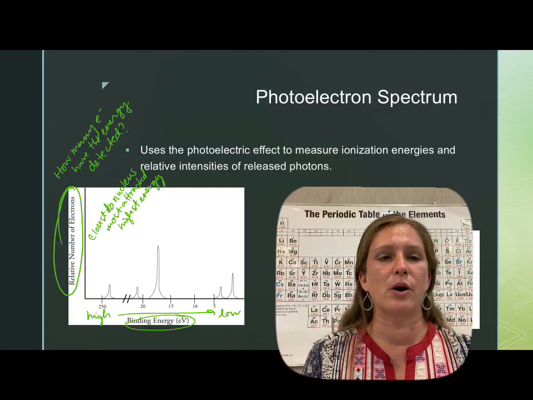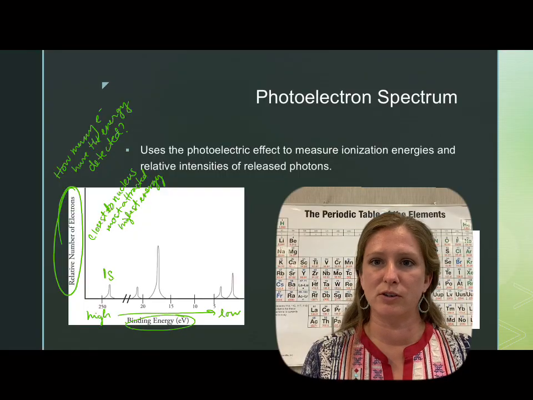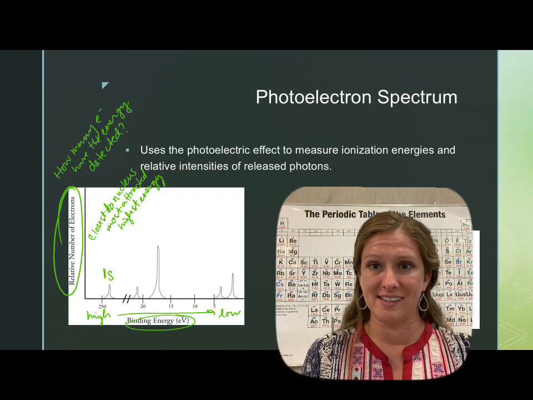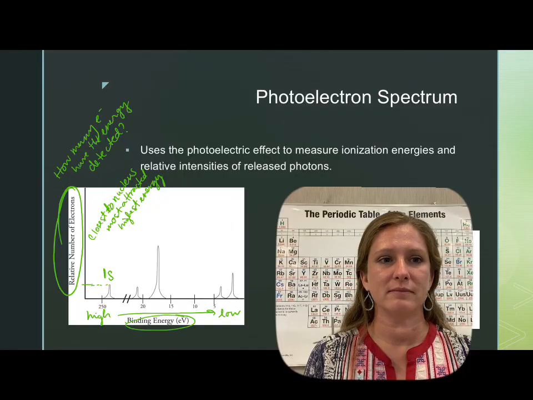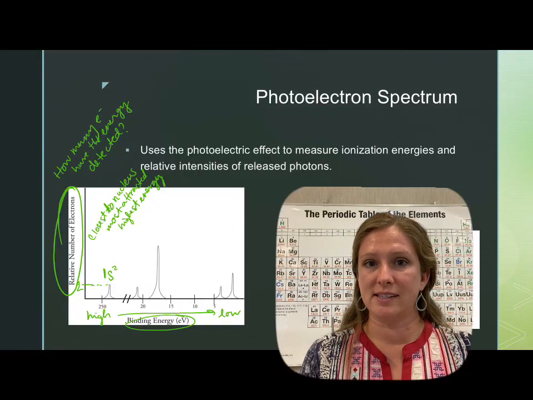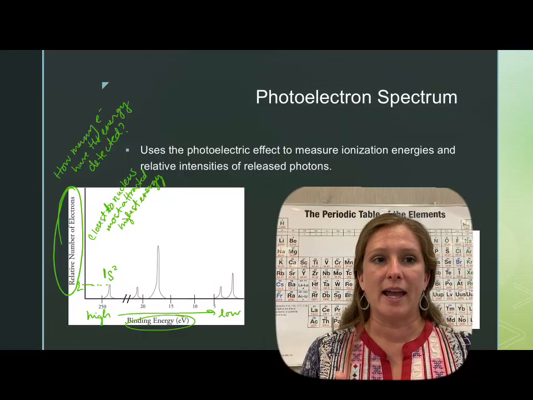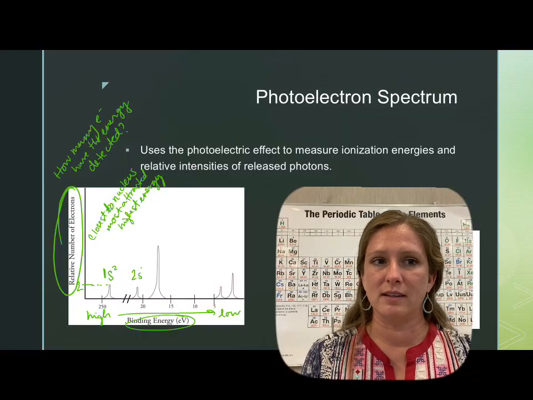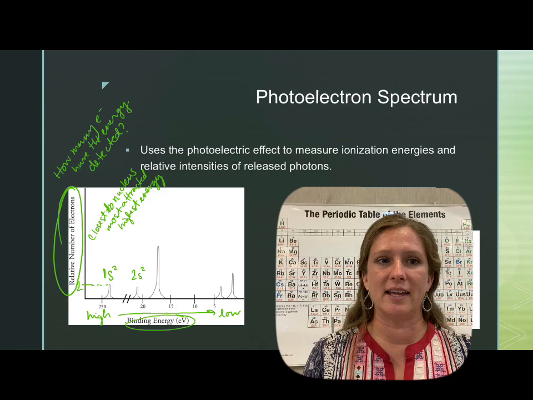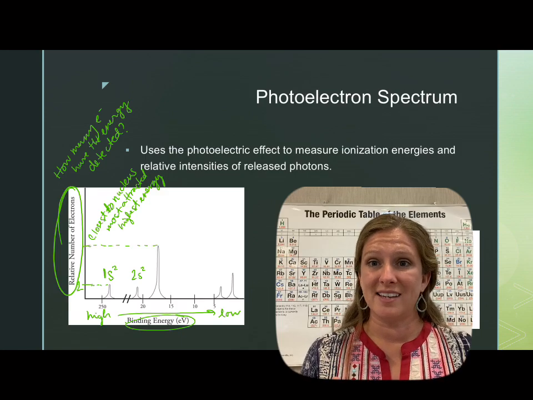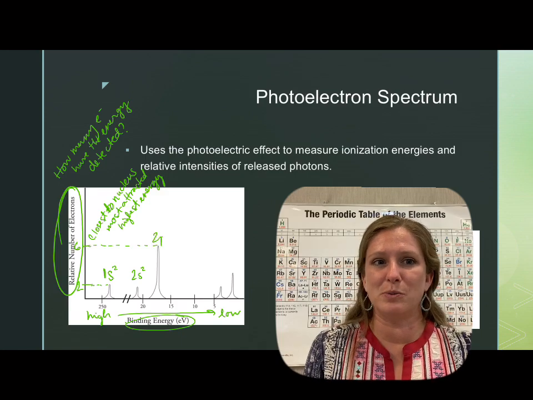So in this example, you can see the first peak is low. That's the 1s. It has high binding energy. The second peak is lower energy, or binding energy, right? And so this would be the 2s. And then the higher peak has more electrons. That's the 2p.